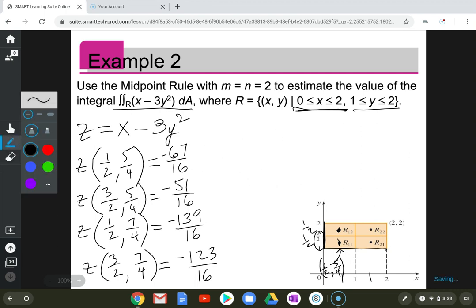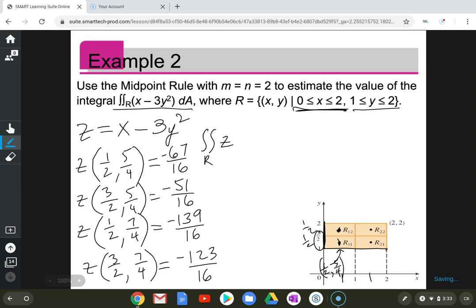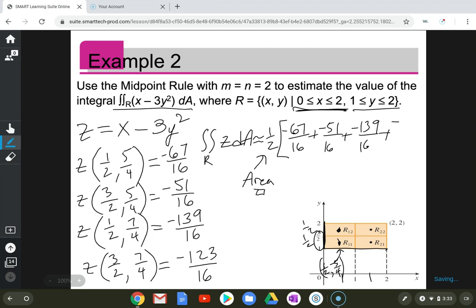So I'm going to rewrite that and just say that our integral over region R of our z function dA is approximately 1/2. That's our area of our rectangle, times our 4 heights, -67/16 plus -51/16 plus -139/16 plus -123/16.